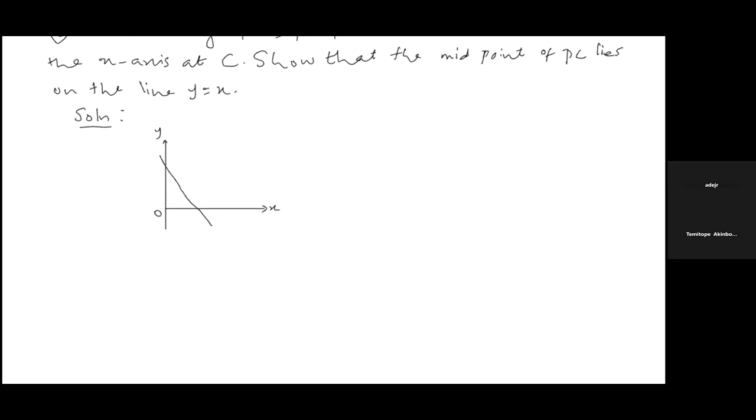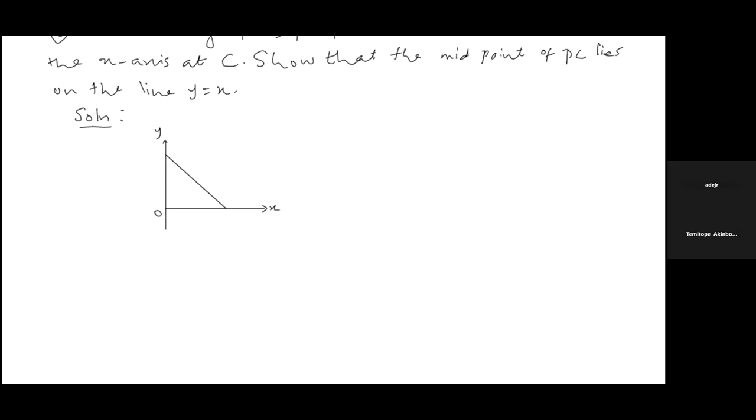But let me use something that will be smooth to show the line. So because you were told that the gradient is -2, that means it's reducing. Is that clear?